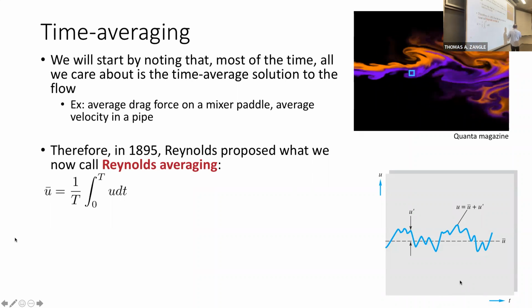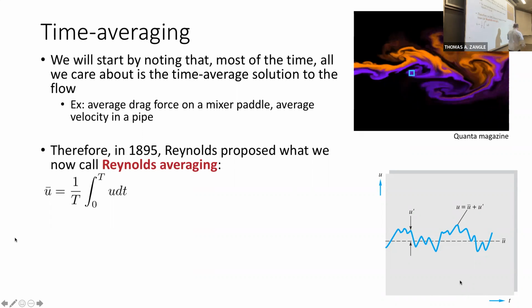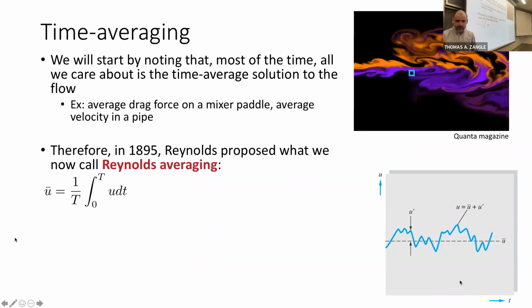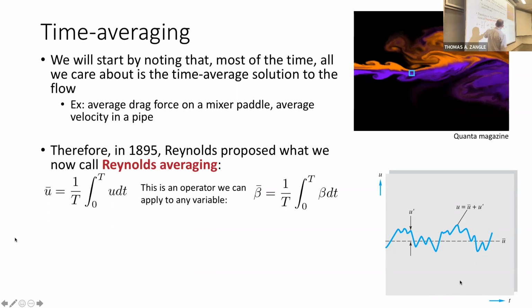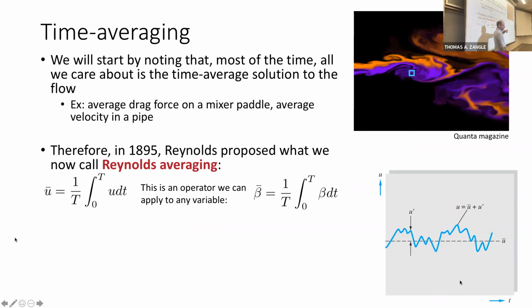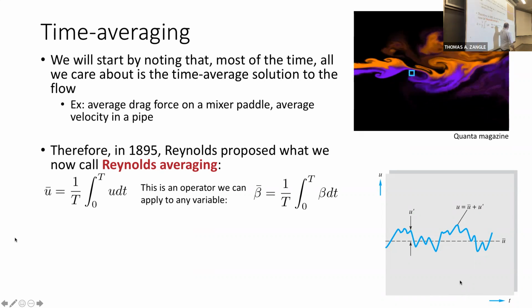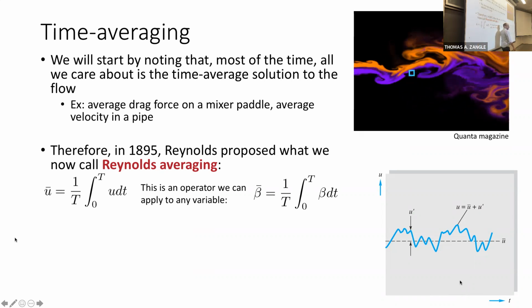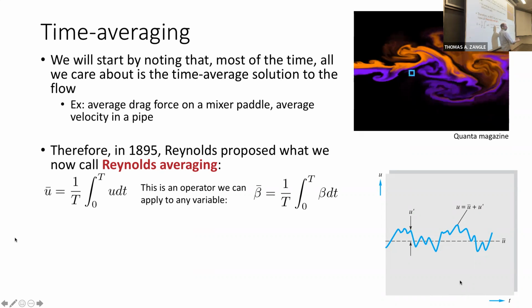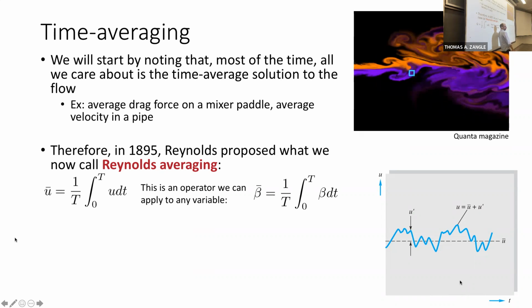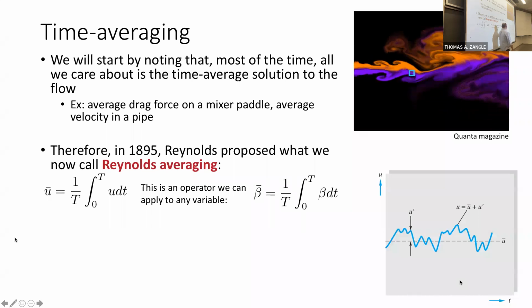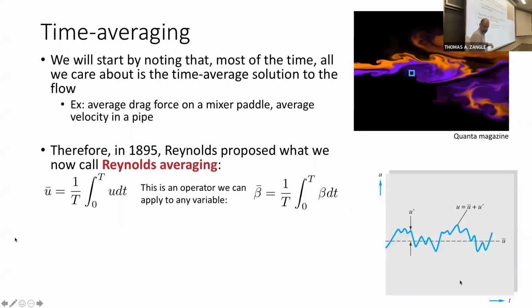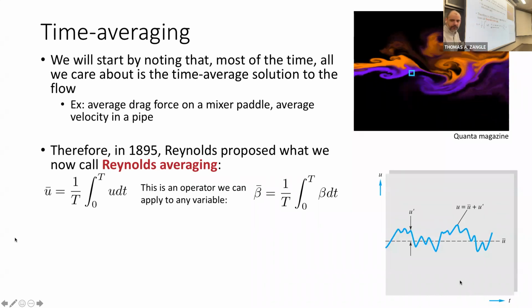It might be the time period of observation or something. One thing to note, this is an operator, so we could apply it to any variable. If we had some variable beta, we could do the same thing and have beta bar. Right here we had U bar. We could have beta bar, V bar, W bar, P bar, pressure. So this is a general operator.